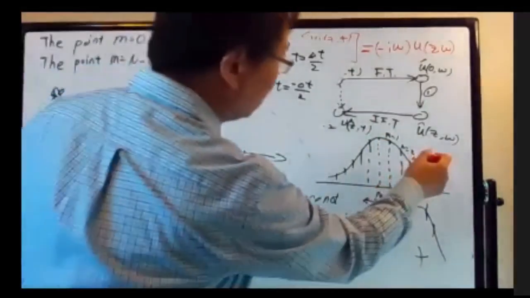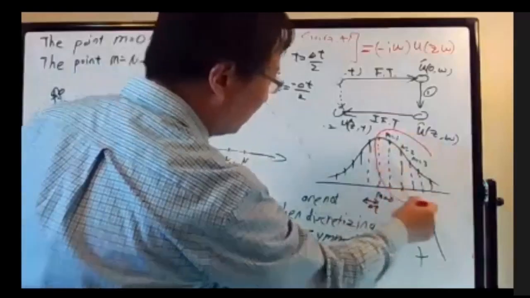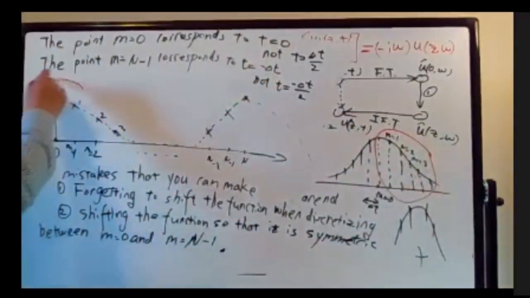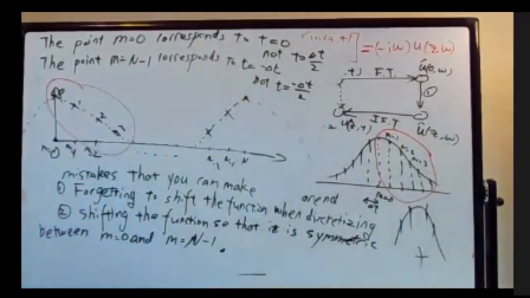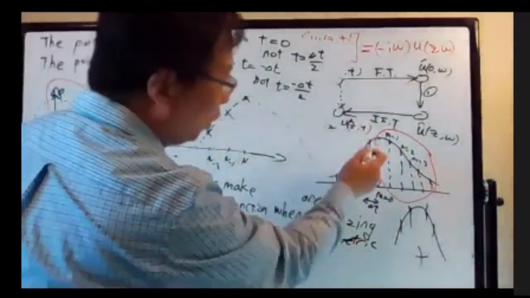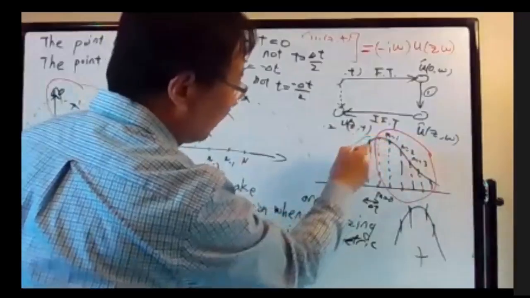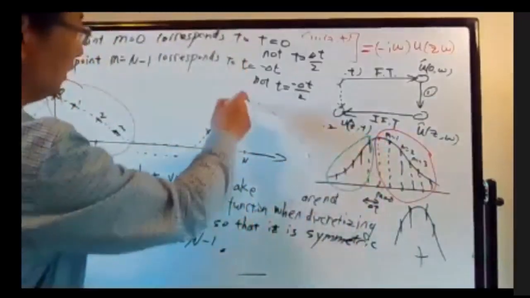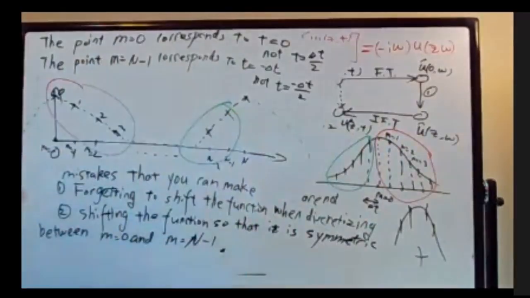And then you can see the right shoulder, the red piece, is this piece, and the left shoulder, which does not include the maximum number, is this piece.